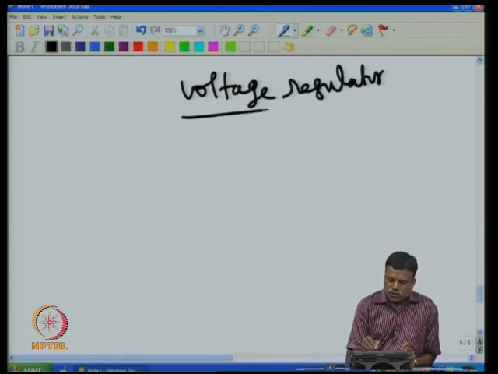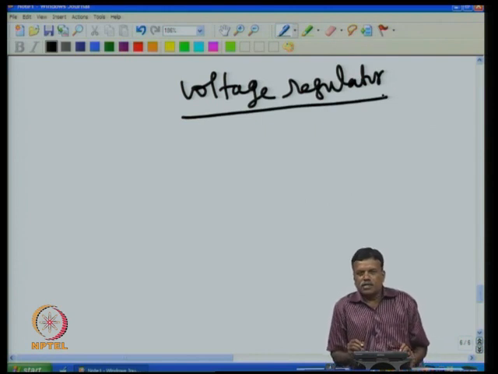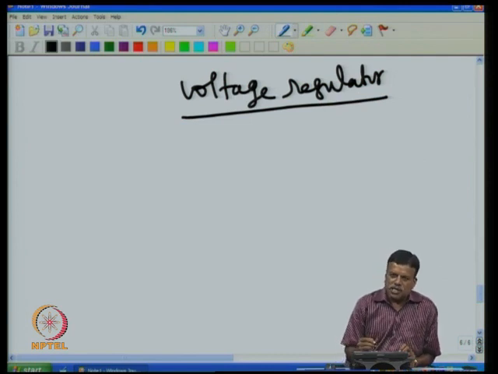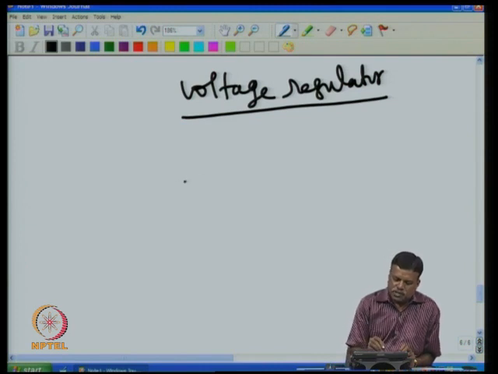In fact, the voltage regulator was designed much before the transistor came in, using vacuum tubes only. The first voltage regulator was published in Journal of Physics E in 1930, using vacuum tubes. But here I will show you how the voltage regulator was designed using a transistor, a very primitive regulator.